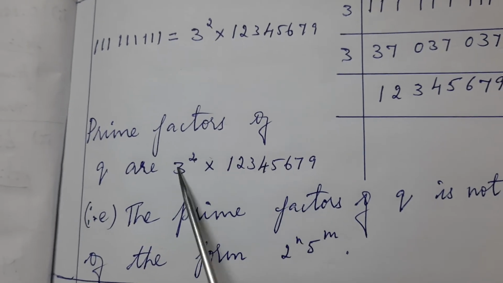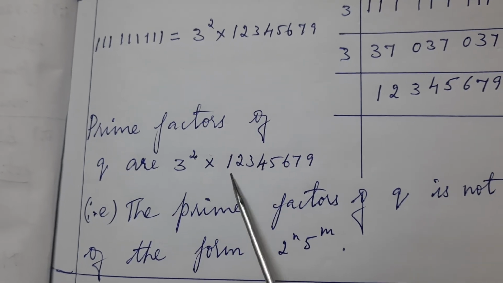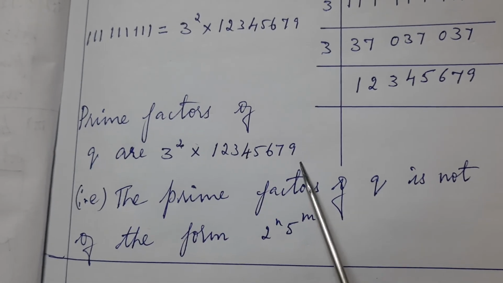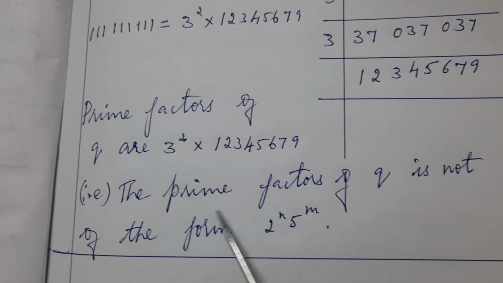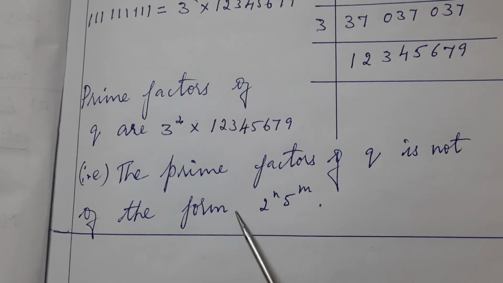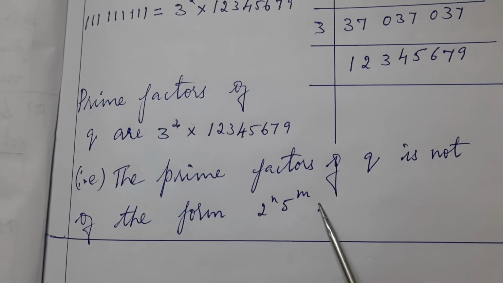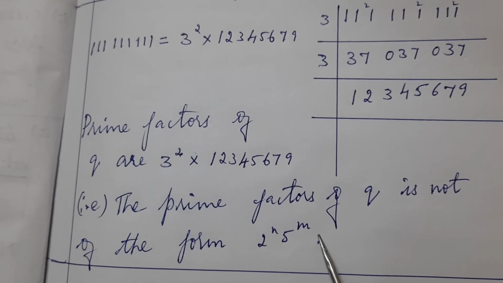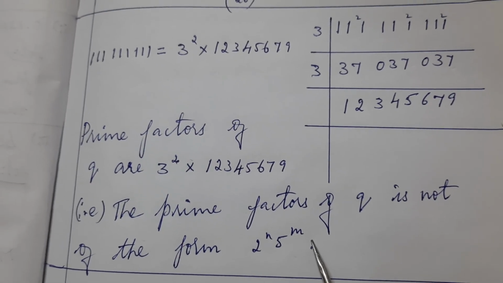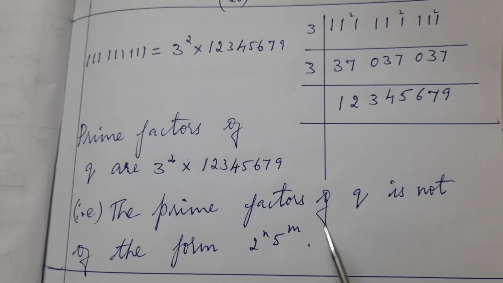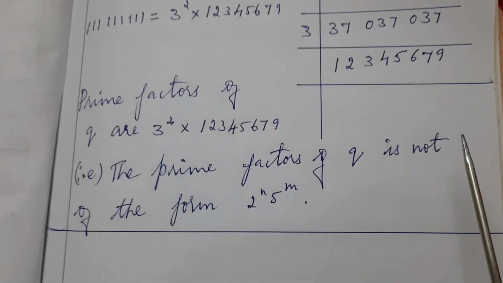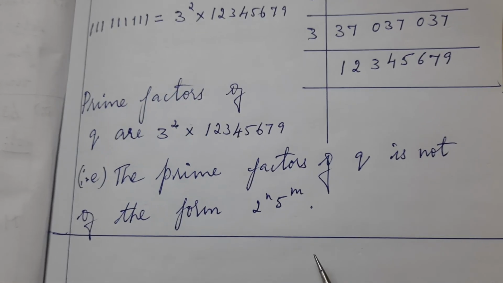So prime factors of q are 3 power 2 into 1234567 9. So the prime factors of q are not of the form 2 power n, 5 power m. So it is a non-terminating, repeating decimal expansion. Thank you. With this the lesson is over.